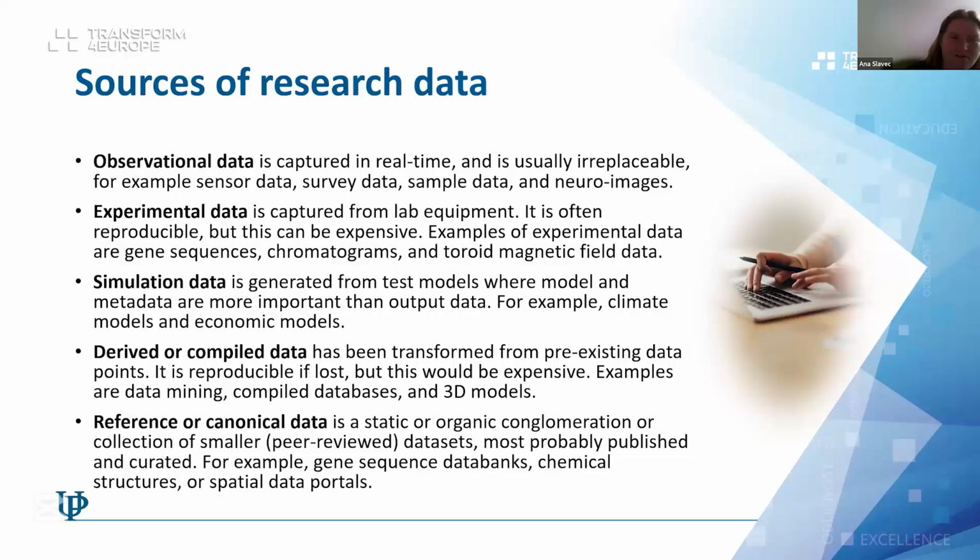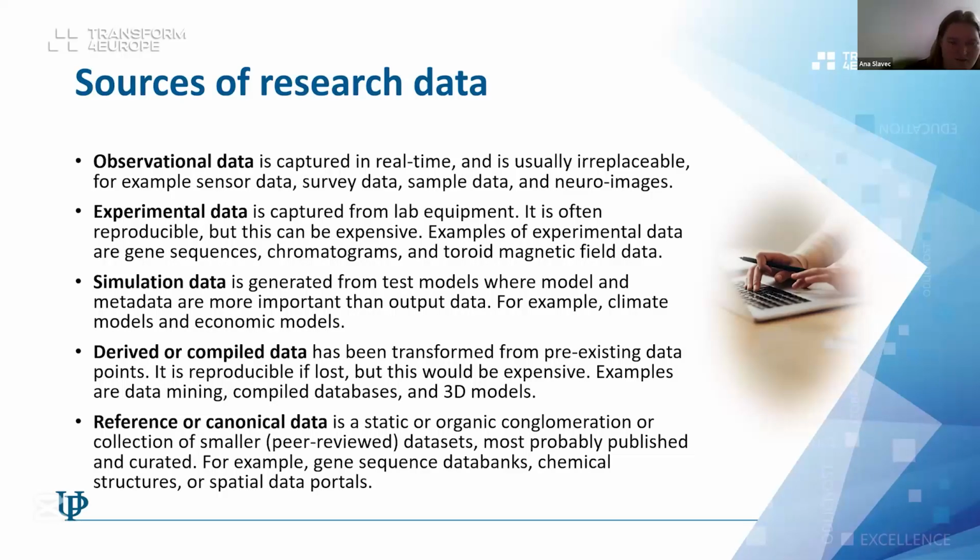These first two types, observational and experimental, are data that we as scientists collect ourselves in our studies. But there are also cases where we collect data in a different way. For example, simulation data, data that is generated from test models, such as climate models and economic models.